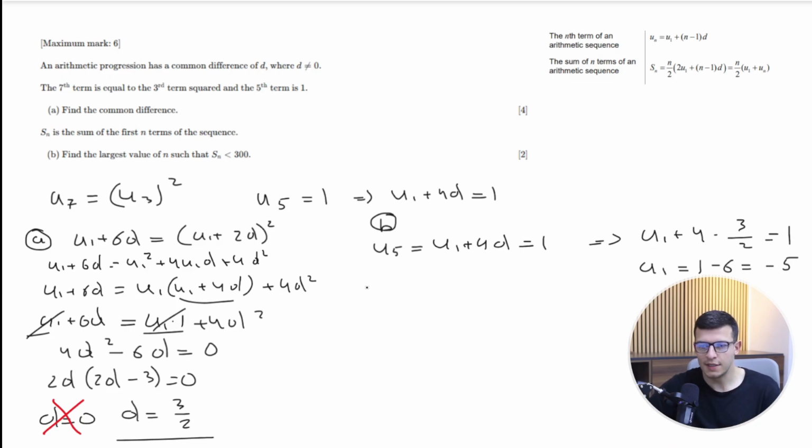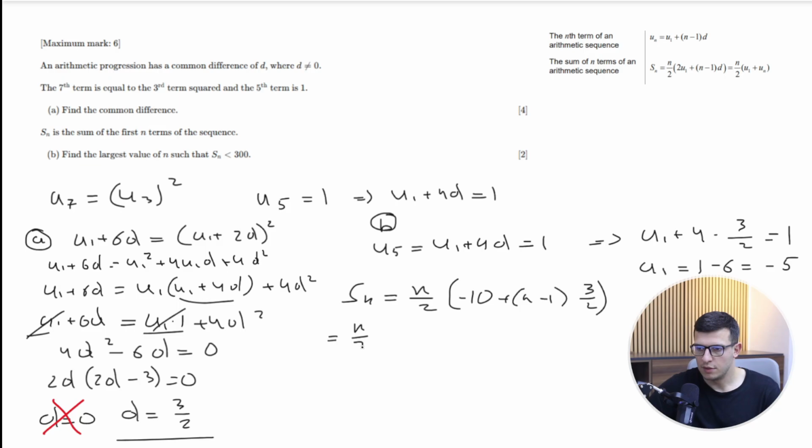Now I can write my Sn formula. So Sn is going to be equal to n over 2, because I don't know what my n is yet, times (2u1, that's negative 10, plus (n minus 1) times 3 over 2). Right? So far so good.